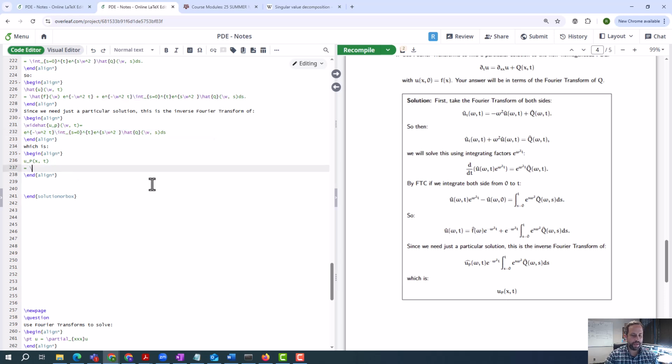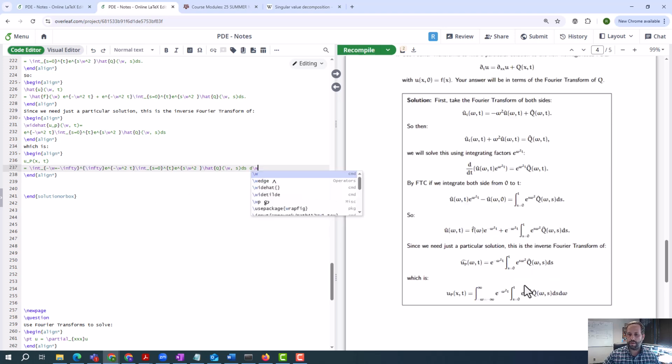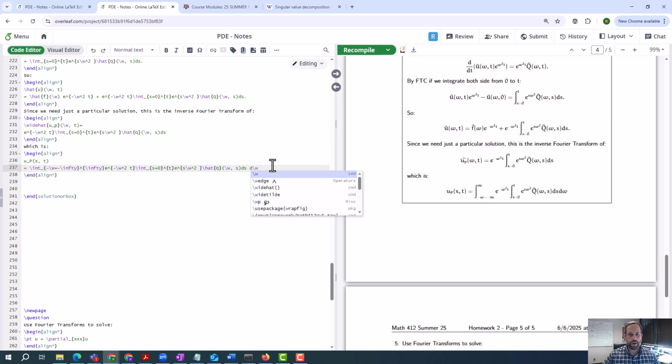So it's going to be the integral from omega equals minus infinity to positive infinity. And if you're wondering, I like to put the variables here explicitly just because there are so many variables going on. And then it's going to be d omega. Okay, and what I'm going to do next is combine this.